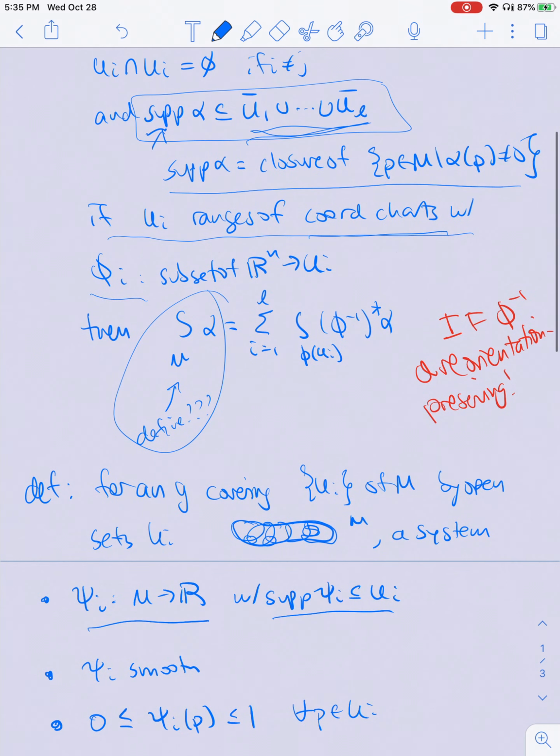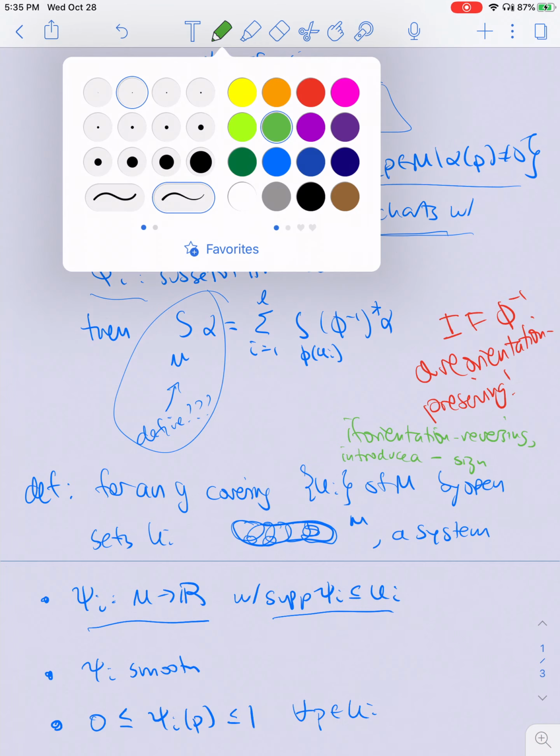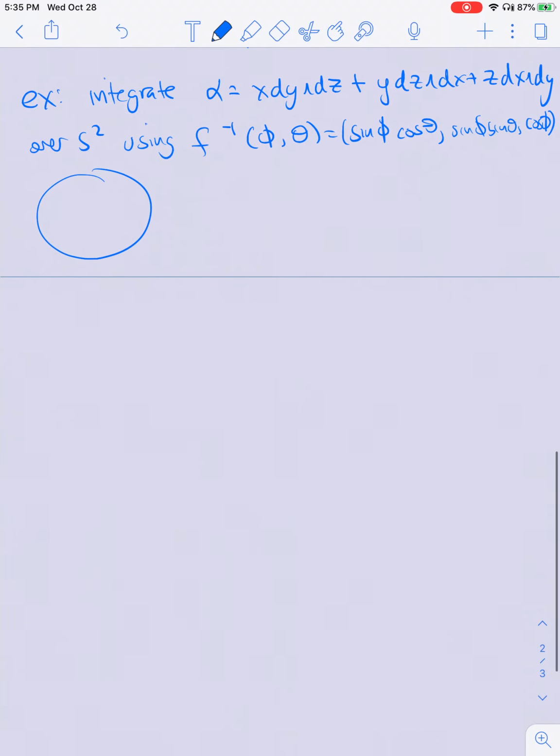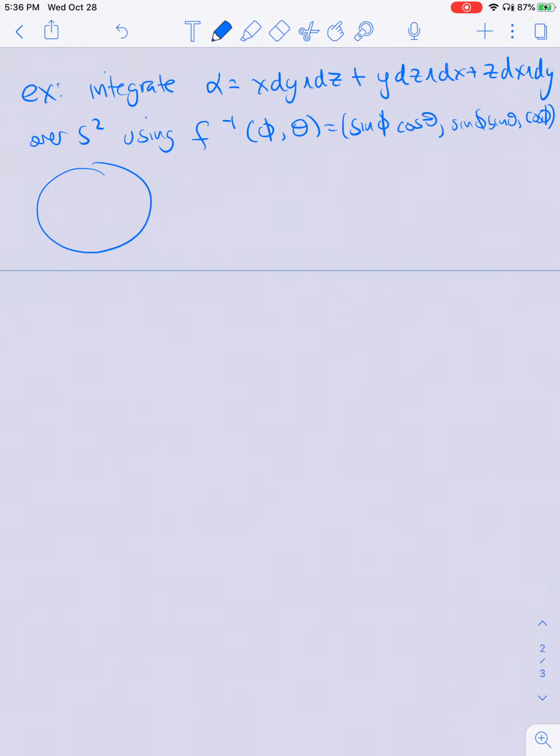So I'll just write that down. If their orientation reversing, introduce a minus sign.